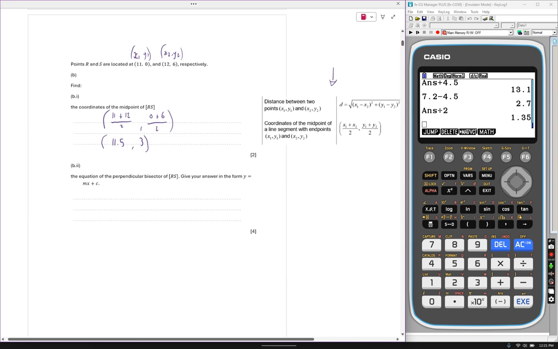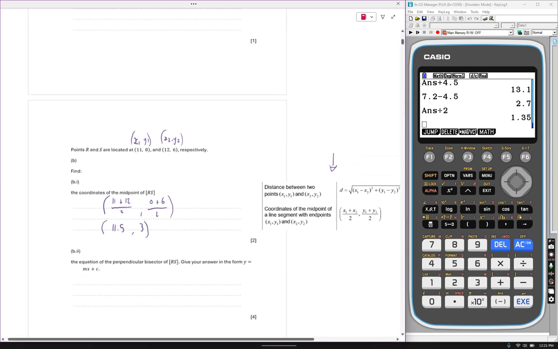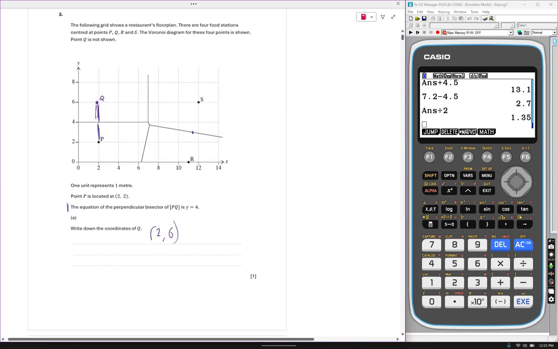Next, the equation of the perpendicular bisector of RS. Give your answer in the form y equals mx plus c. So if I go back to my diagram for a second, we are trying to find the equation of this line here. We have just figured out the coordinates of the midpoint.